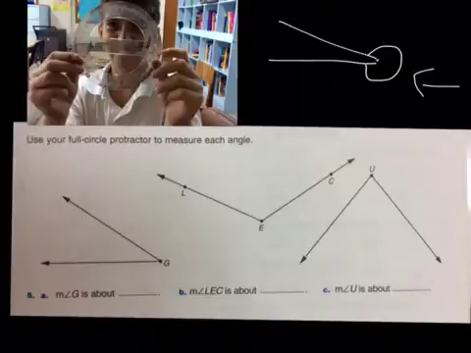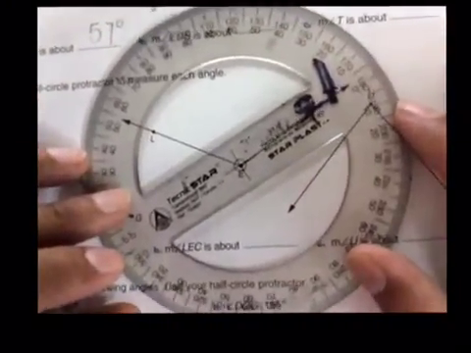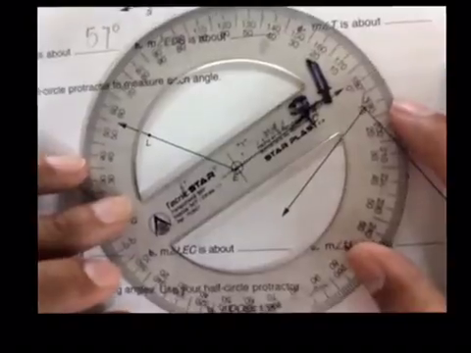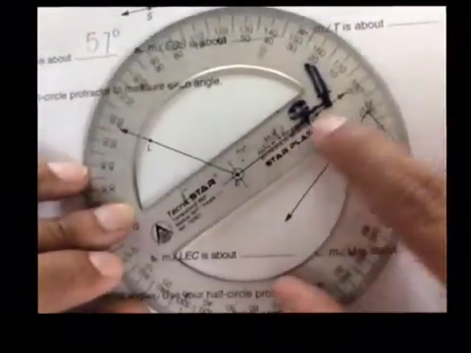Okay, so let's go ahead and try doing, let's do E together. Okay, looking at, let's bring this closer right there to 5B. We're going to align this with the vertex right there, and align this line with it so that it's at 0.